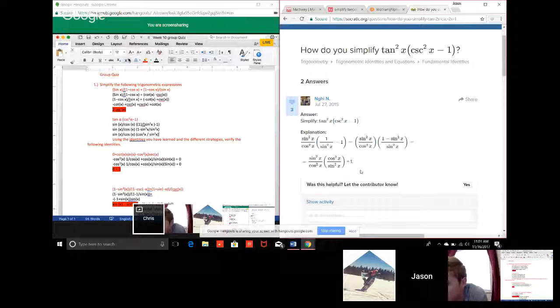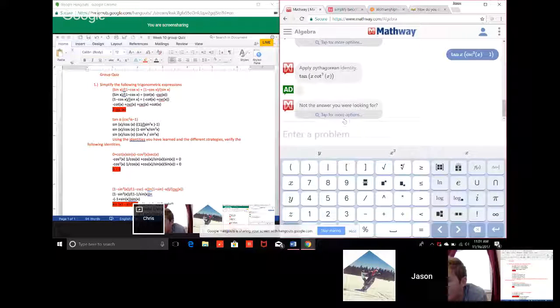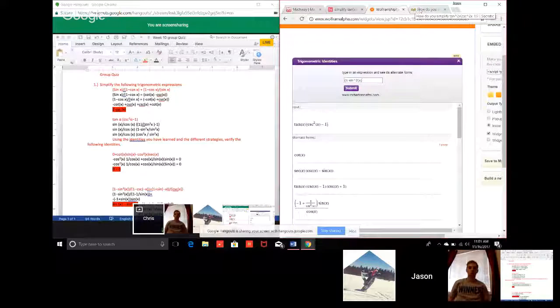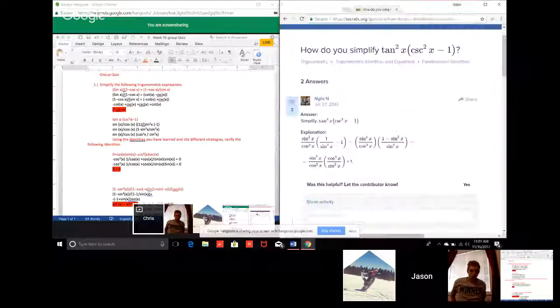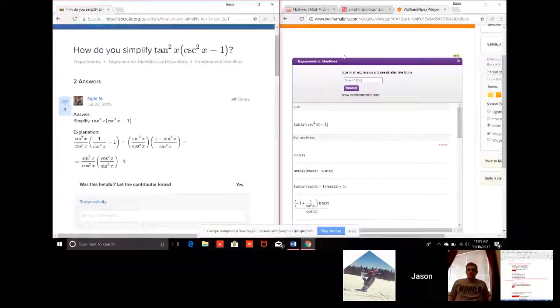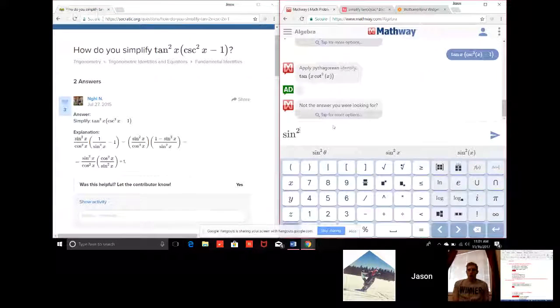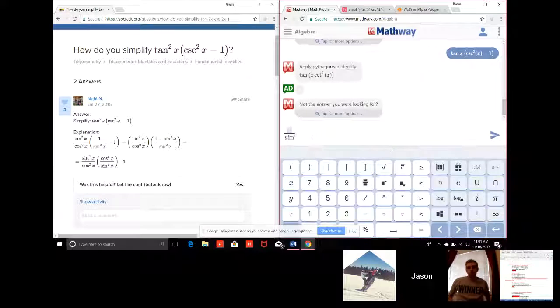Now, can we put that into a calculator, or would that just come out with the same thing? I hope not, that'd be so annoying, but probably. Let's try it. Sine squared of x over cosine of x.